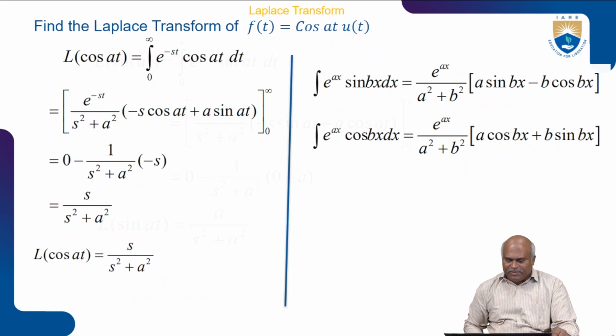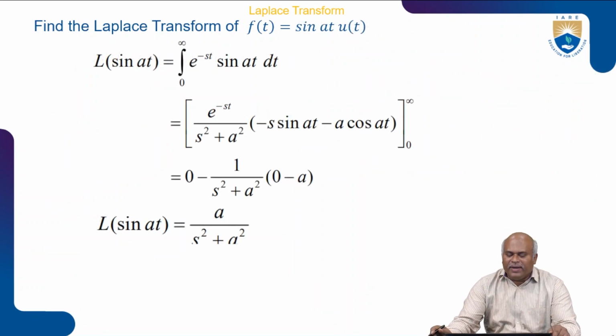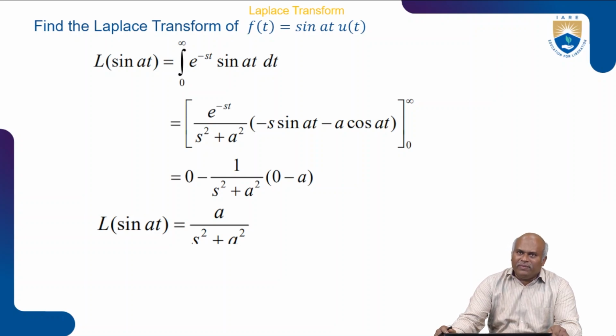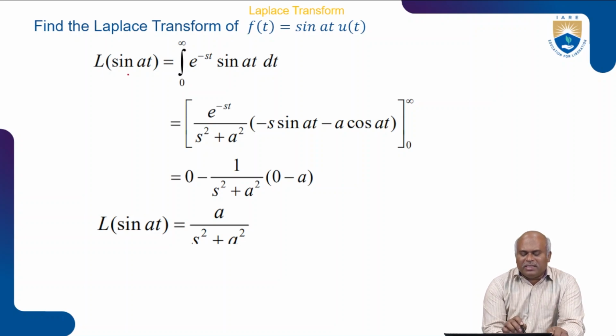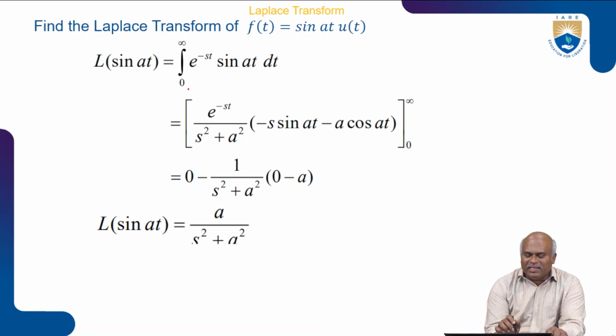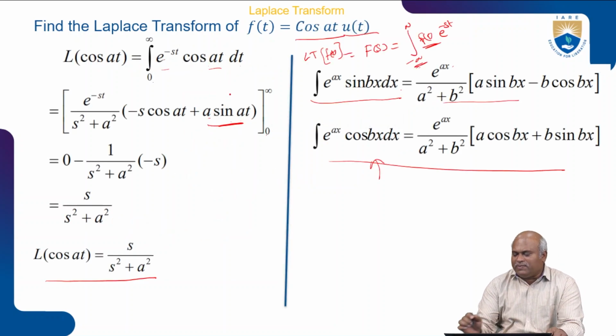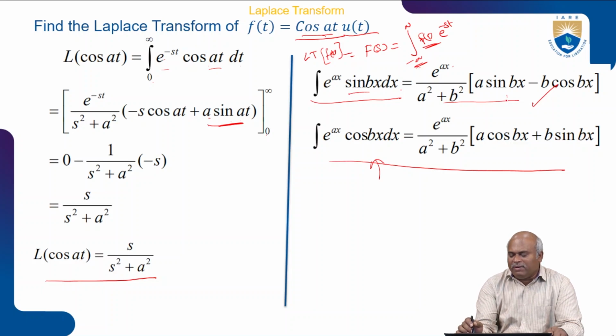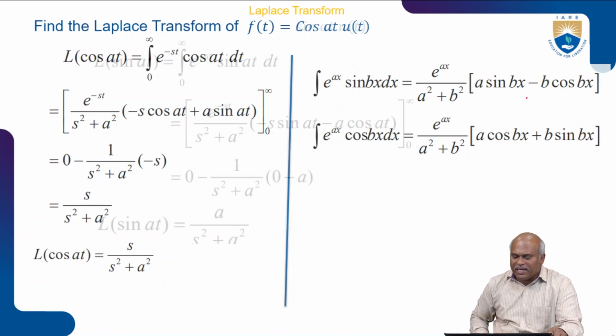Next, find the Laplace transform of sin at u of t. So now the Laplace transform of sin at is equal to the integration from 0 to infinity of e power minus st sin at dt. Previously we used the formula for the cos term; now the term is sin, so I use this formula of integration.